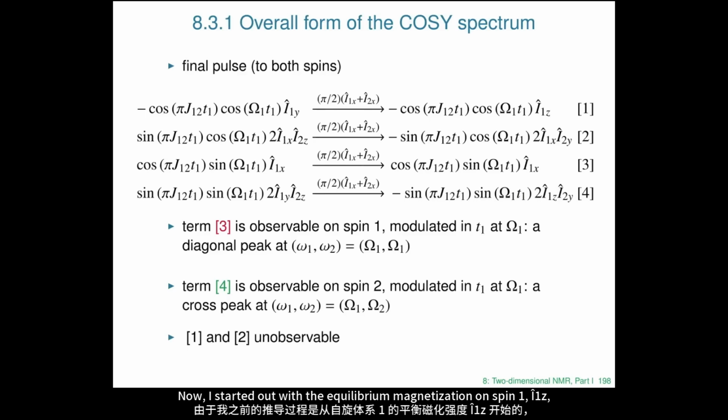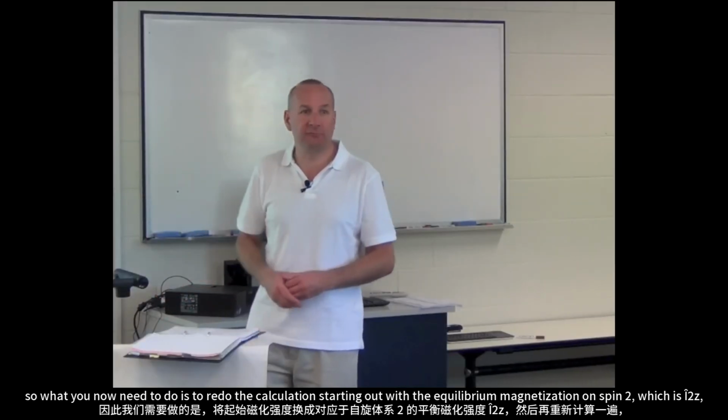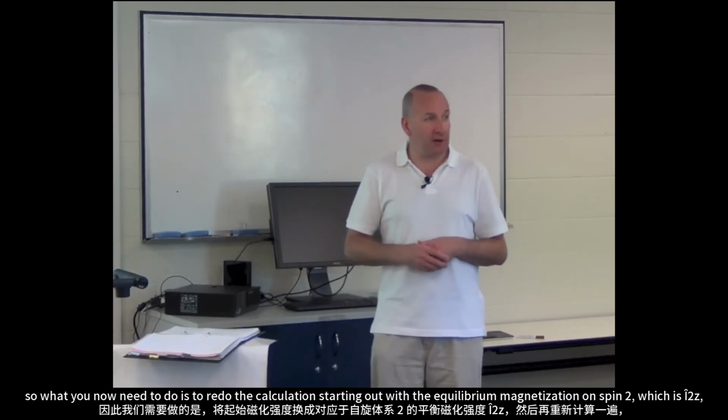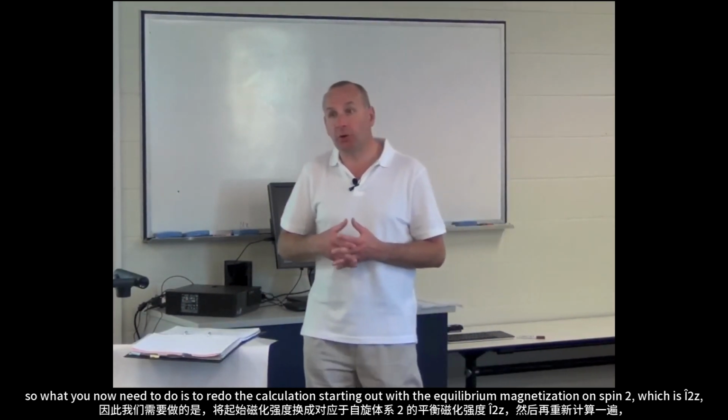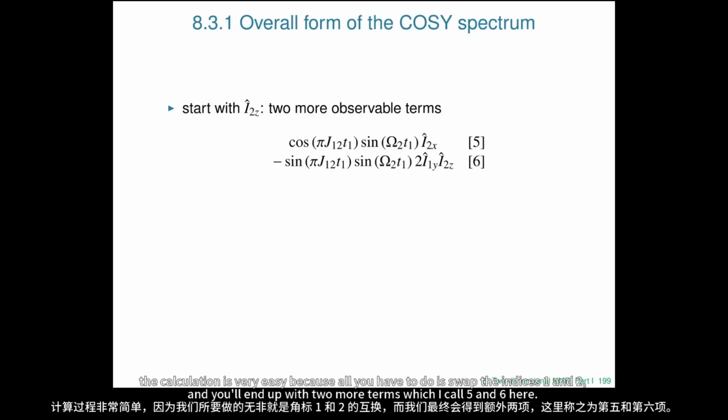Now, I started out with the equilibrium magnetization on spin 1, I1Z. So what you now need to do is go back and redo the calculation, starting out with the equilibrium magnetization on spin 2, which is I2Z. The calculation is very easy because all you have to do is swap the indices 1 and 2, and you'll end up with 2 more terms, which I call 5 and 6 here.